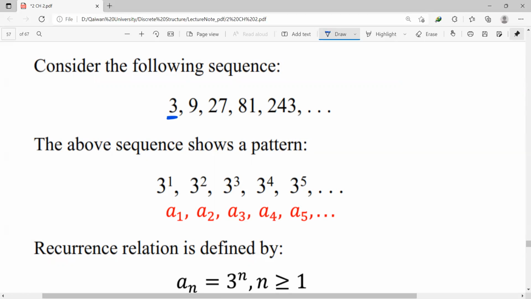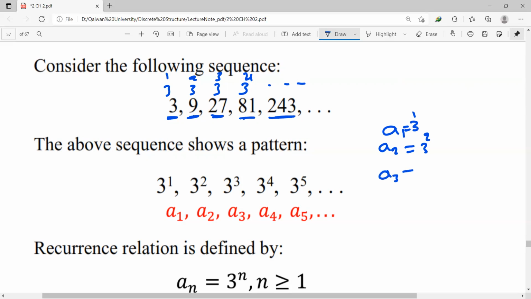It's 3, 9, 27, 81, 243, and so on. Look, this is 3 to the power 1. This is 3 to the power 2. This is 3 to the power 3. This is 3 to the power 4, and so on. That means here we say A1 equals 3 to the power 1. A2 equals 3 to the power 2.